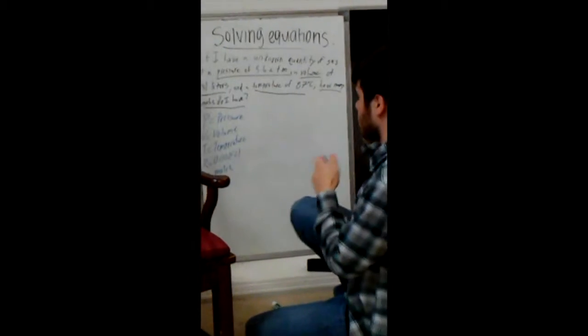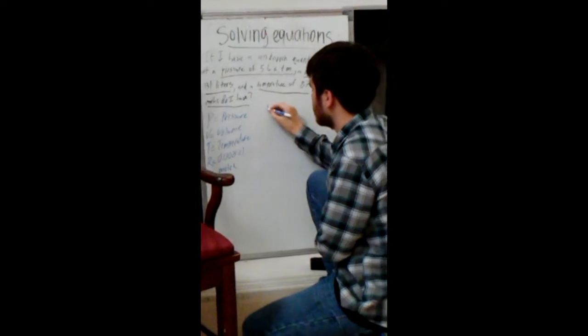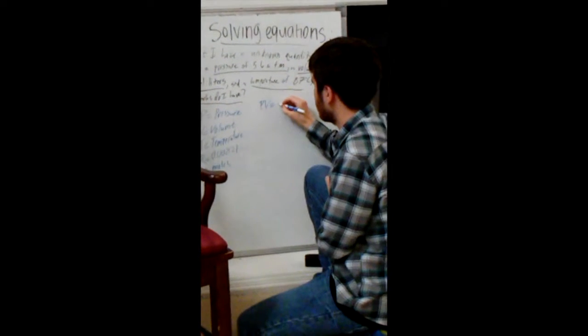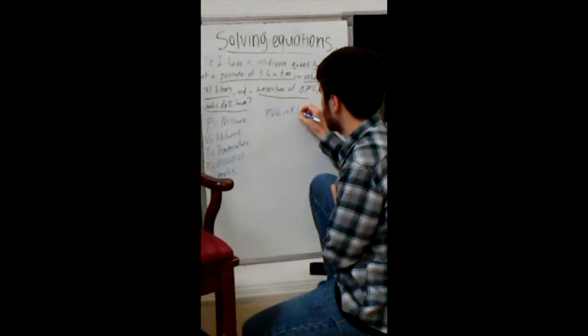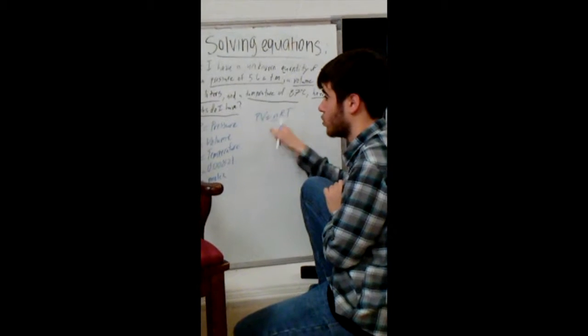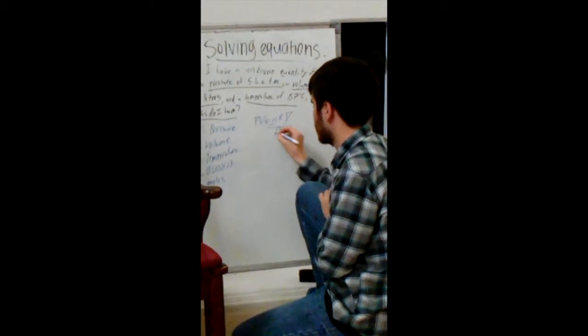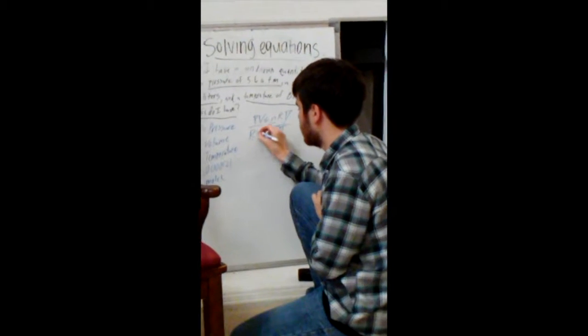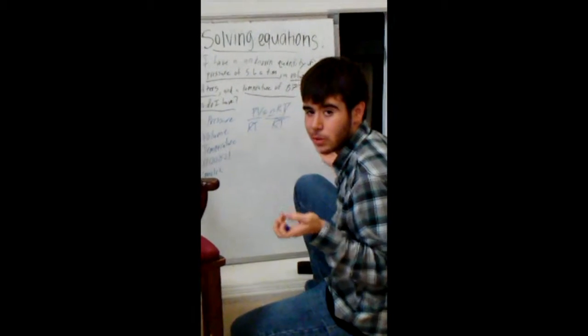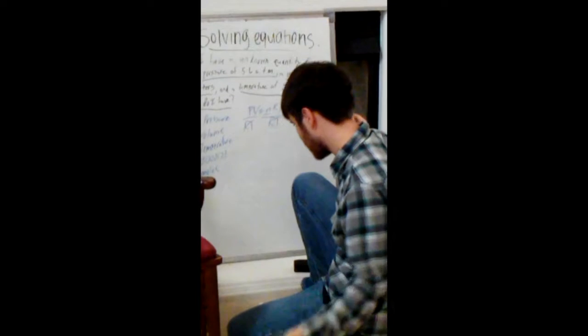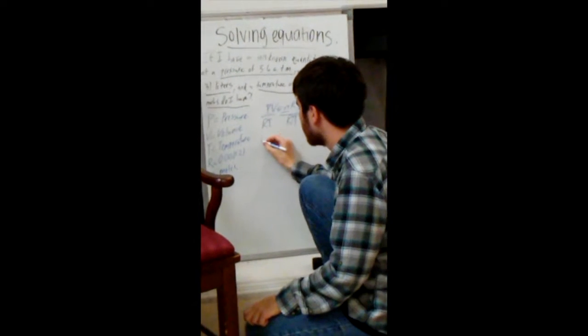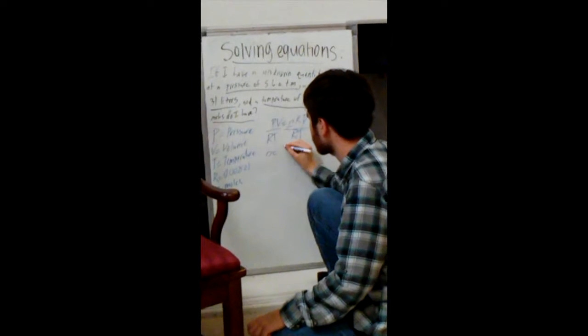So, how to set this up? It goes PV equals nRT. And n is the one we're solving for. So we divide by RT on both sides, like you do in math. And then we set it up, we plug in the numbers.